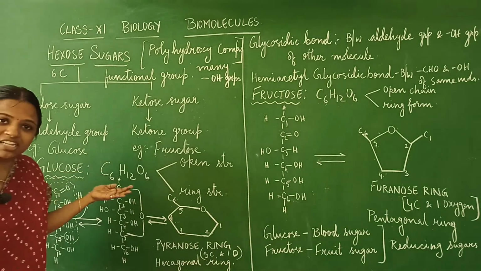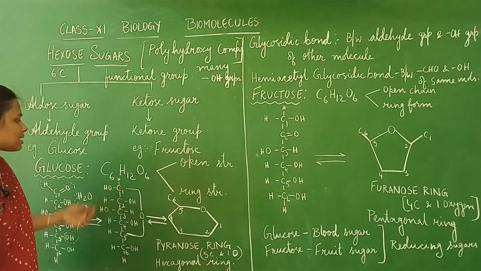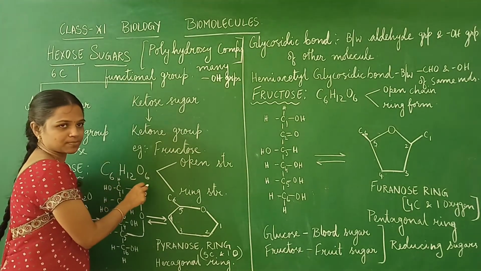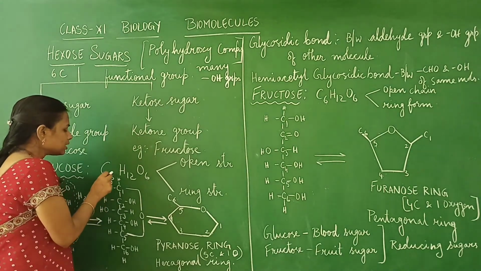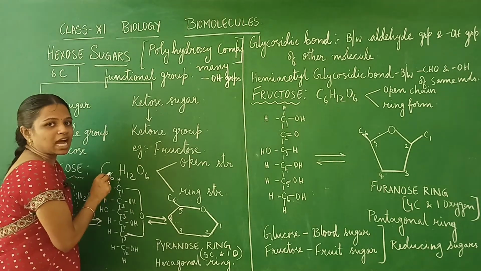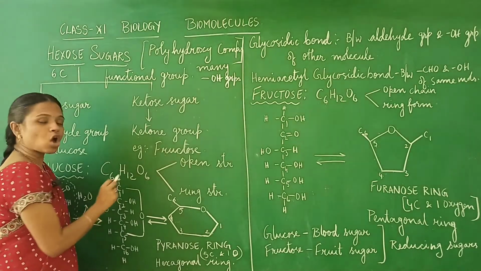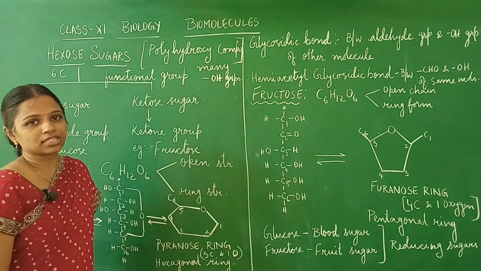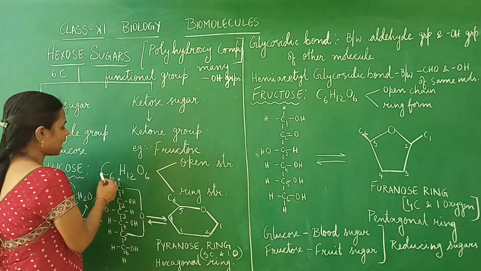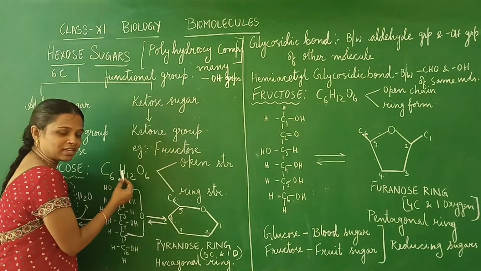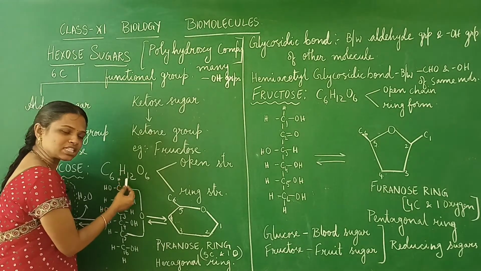Glucose, as we have been learning from our lower classes, its formula is C6H12O6. So, the number of carbon atoms here are 6. So, we have written it as C6. And based on the carbohydrate general formula, we have written this formula, that is C6H12, 2N, that is 2 into 6, that is 12.